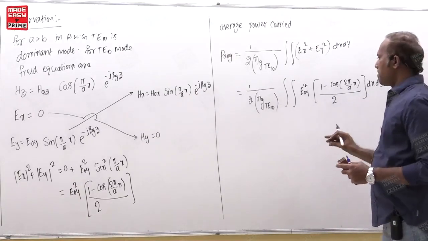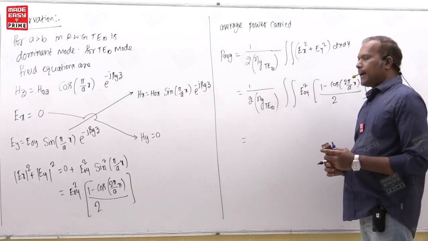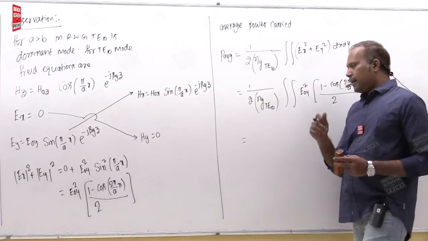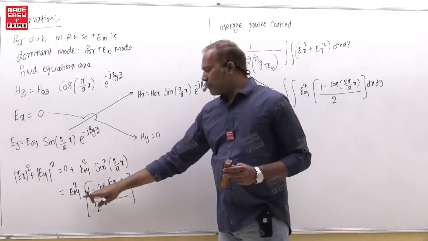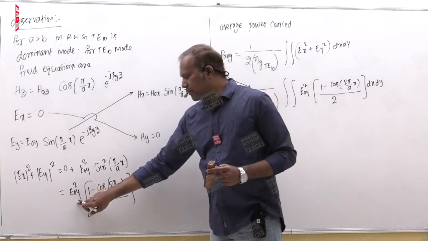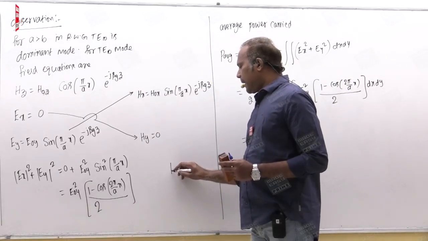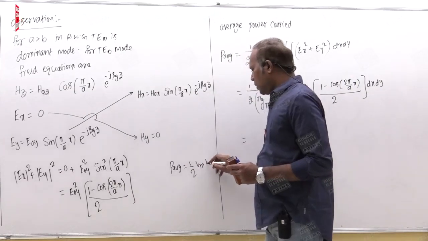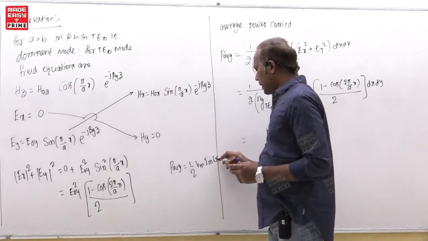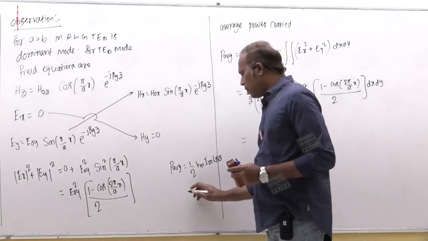So ultimately, students, here the 2 is there already in the formula. That means here you are going to use maximum values, not the RMS value. Like in network theory, average power is equal to half into Vm into Im into cos θ. These are maximum values. Whenever you see a half in power formulas, they are maximum values.